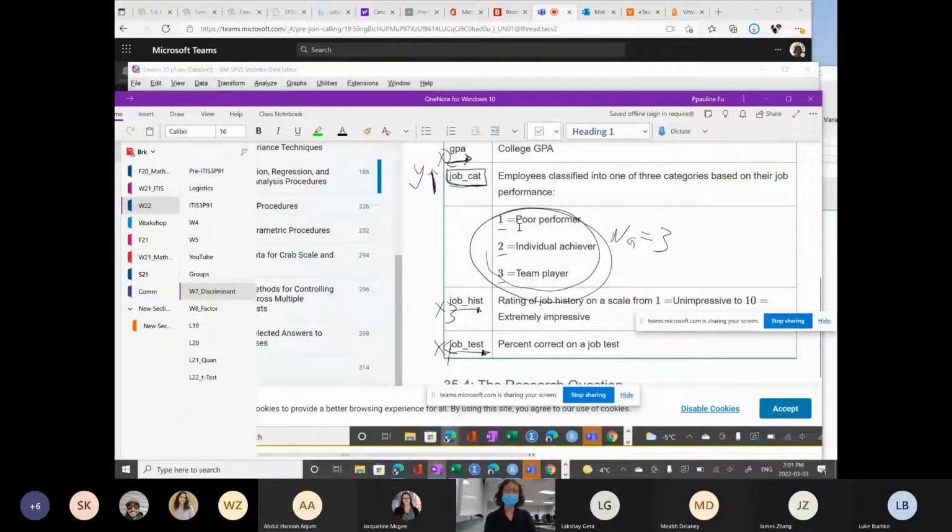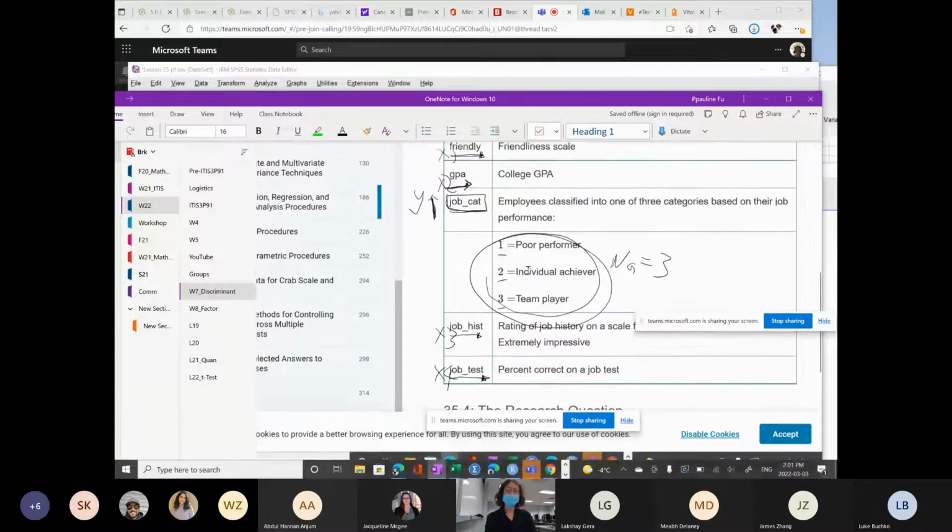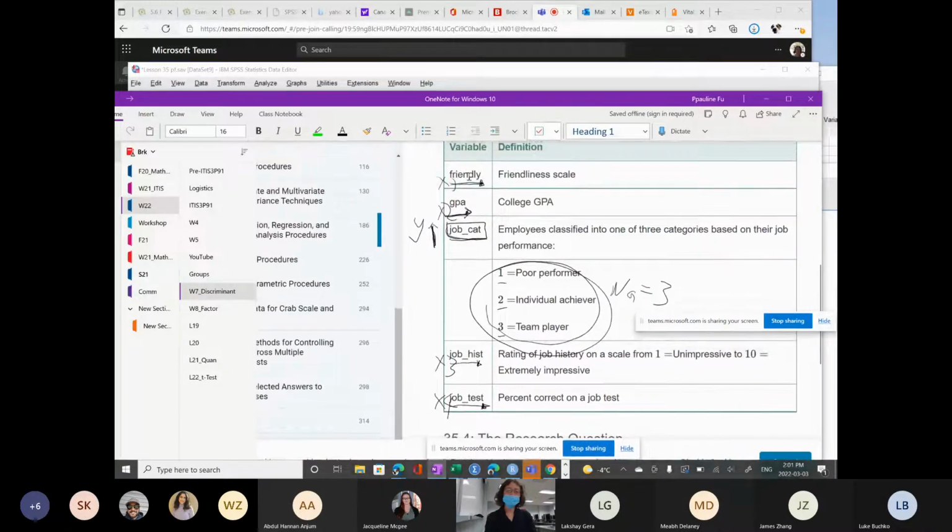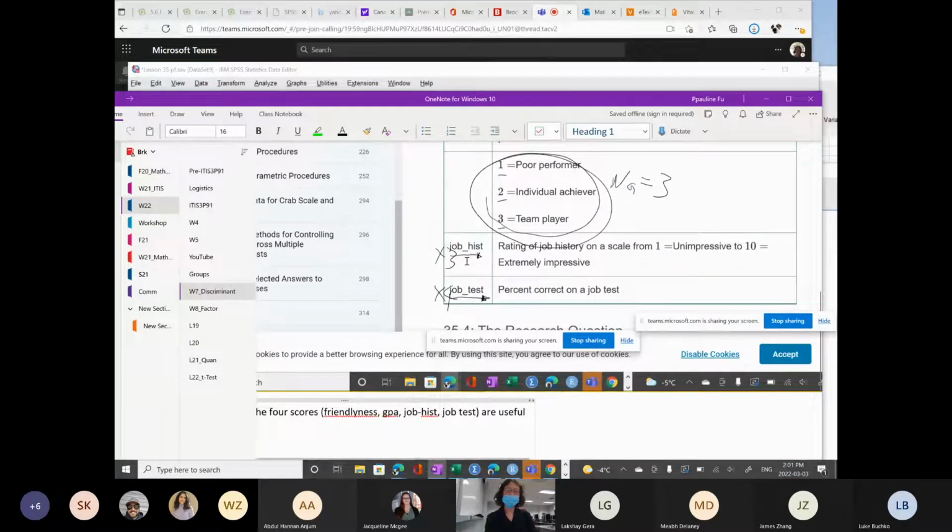Group 1, poor performer. Group 2, individual achiever. Group 3, team player. So we want to put people in one of the three groups based on what? Based on X1, friendly, X2, GPA, X3, job history, X4, job test.